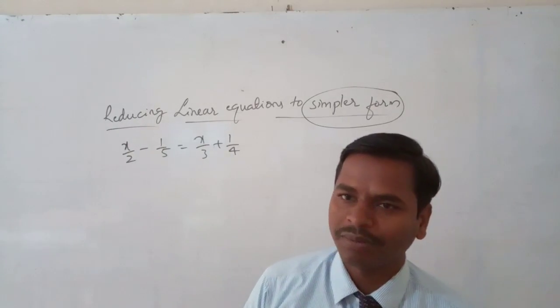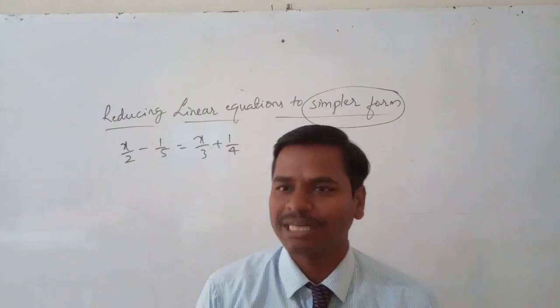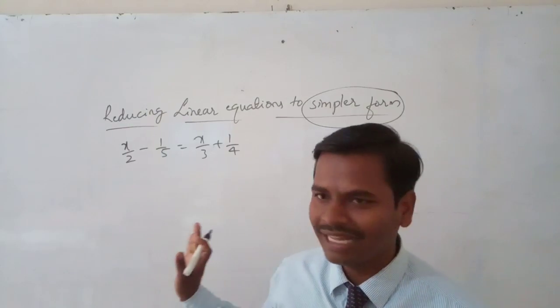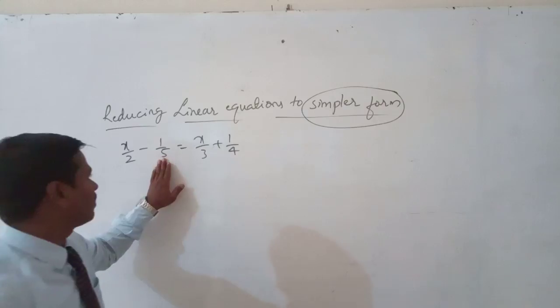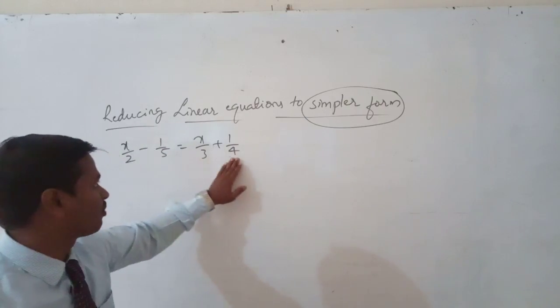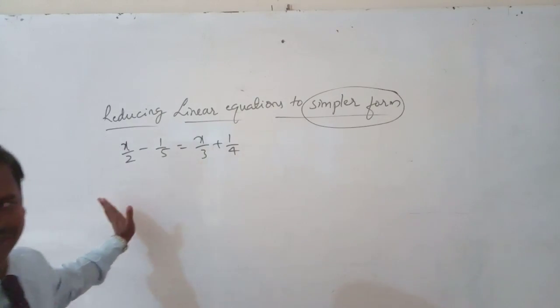Whatever you solved in the previous class, the same steps will be there, but you should simplify in more steps here and get the x value. Now what is the first step here? 1 by 5, 1 by 4 are constant numbers. We will shift to the right side. Variables will shift to the left side.